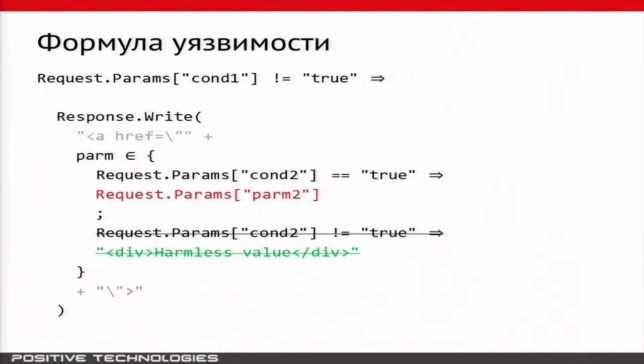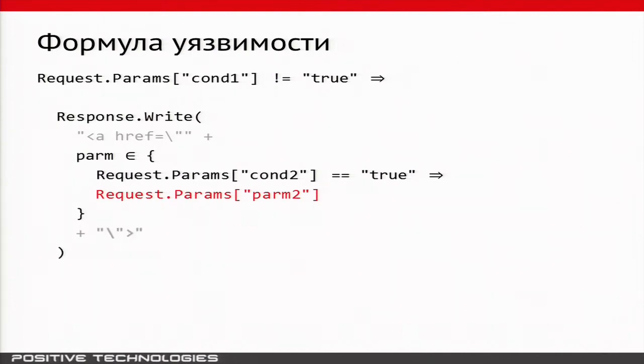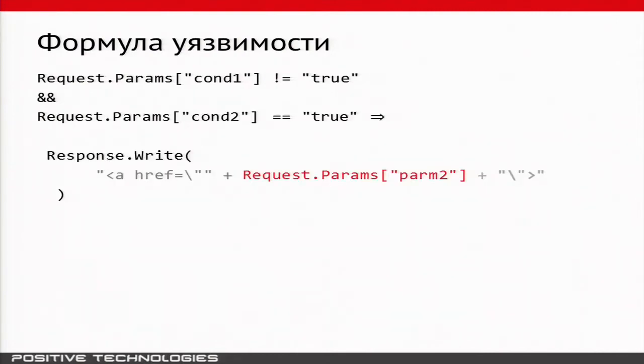If the condition applies, we shall have response write with the following value. We use the multitude of values that we get from this simple context. So here we can take out the second branch because it's not managed externally and it's safe. So the formula will become shorter, or we can send it up to get the conditions of the vulnerability.